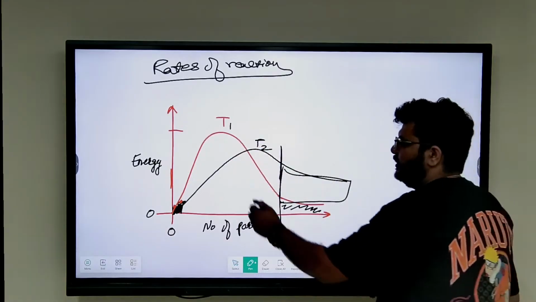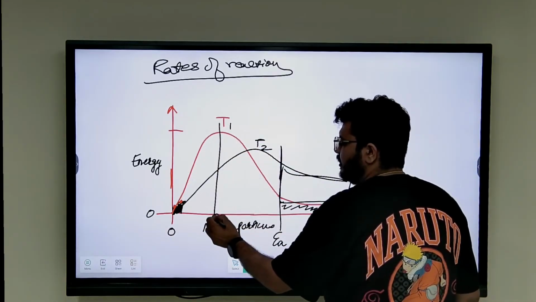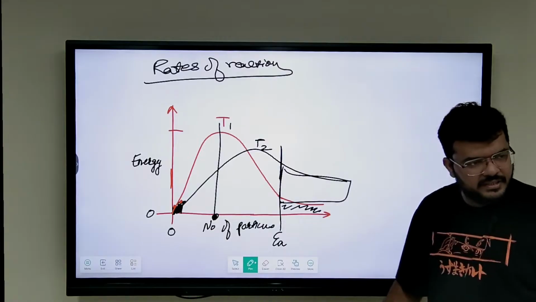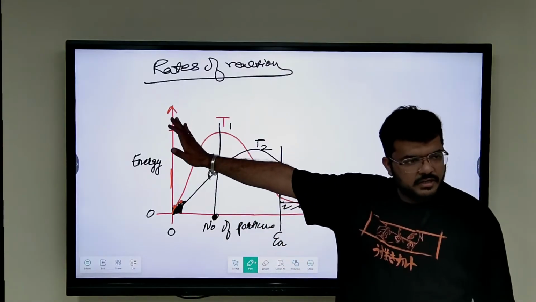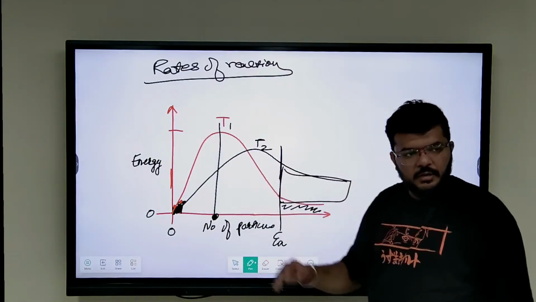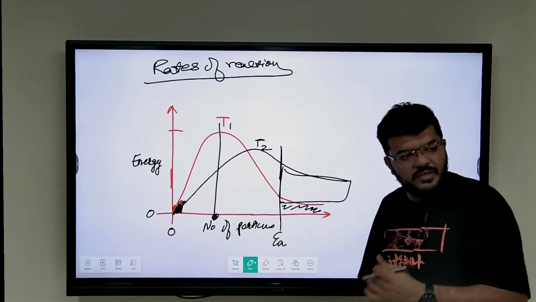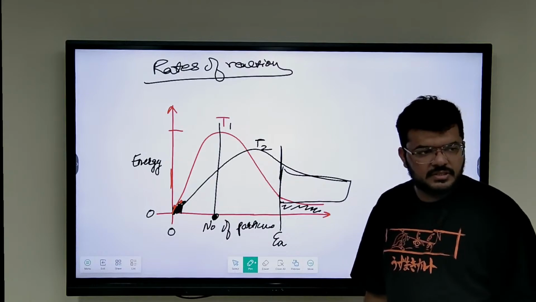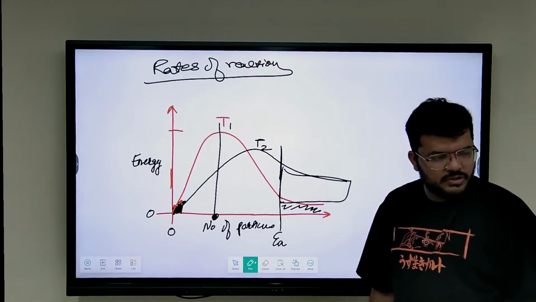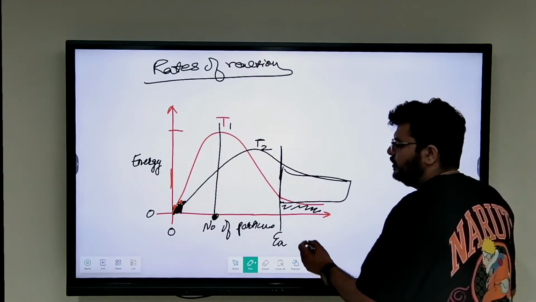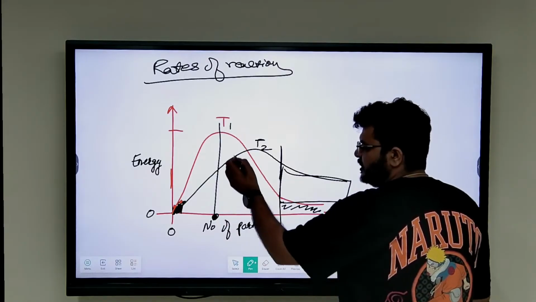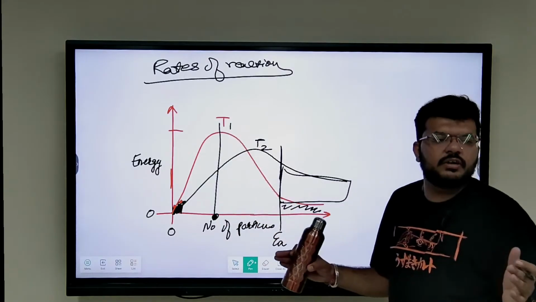This center means that 500 particles, let's say, had energy 100 joules. But when you increase the temperature, every particle's kinetic energy increases. Because the temperature is increasing, that distribution will get broader.